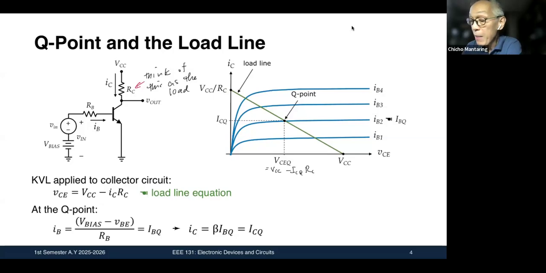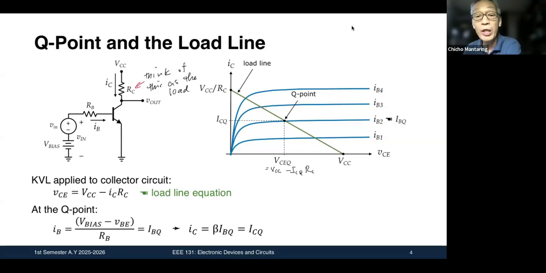Okay, so now let's imagine applying our input. So we know now our operating point. If my input is positive, what will happen? My base current will increase. So maybe from this base current, I'm going to be now at this base current. So if I'm now at this base current, my transistor will now be operating at this point.